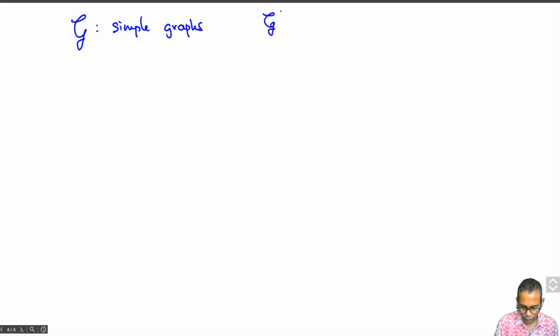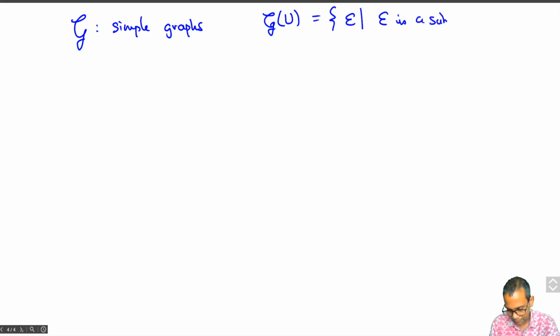G of U consists of all subsets E, such that E is a subset of size 2 of U. So what we're talking about are simple graphs without loops. E is just the edge set, and a graph is completely specified when you specify its edge set.